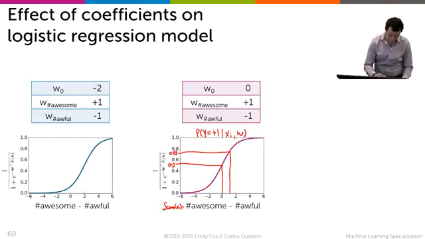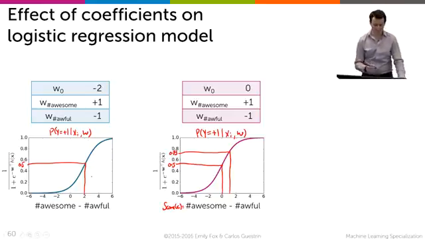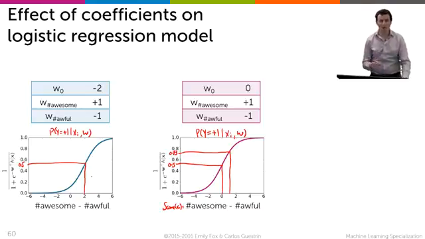Now I need the number of awesomes to be 2 more than the number of awfuls for that prediction to be 0.5, so for the probability that y equals +1 given xi and w to be 50-50. In this case, awfuls count a lot more negatively than the awesomes, or at least there is that extra constant.